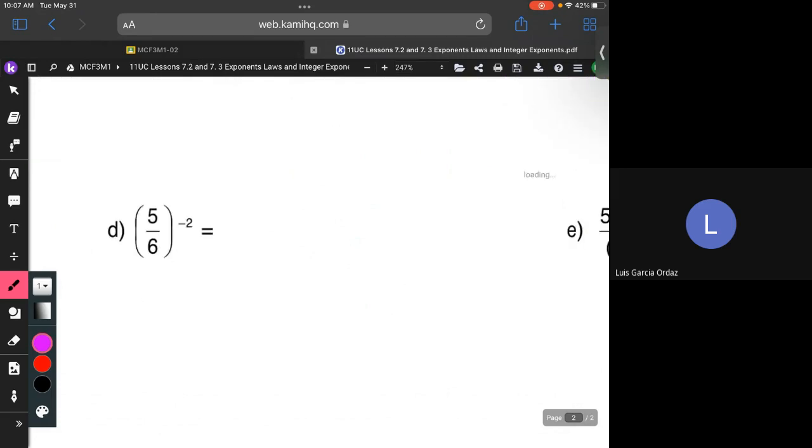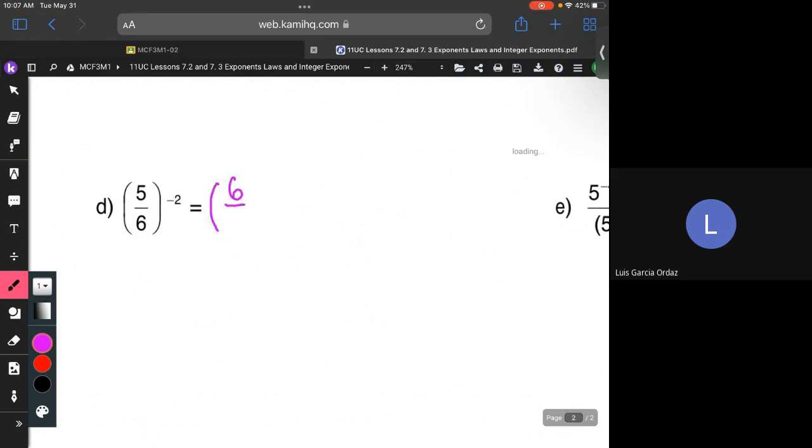So what's 5 over 6 to the power of negative 2? How would that change? Sarah? 6 over 5 to the power of 2. So each of these numbers has an imaginary exponent of 1.